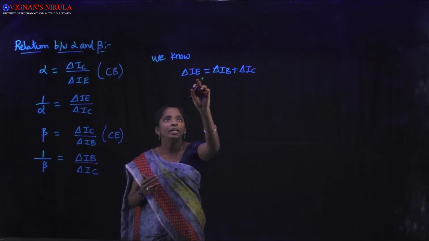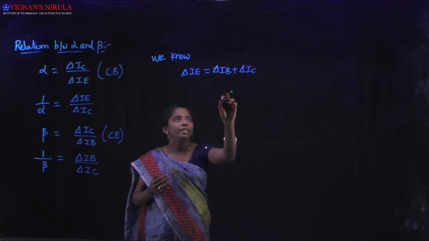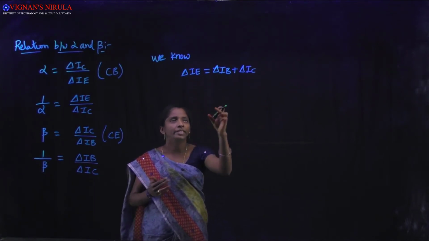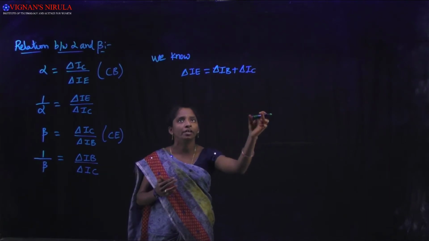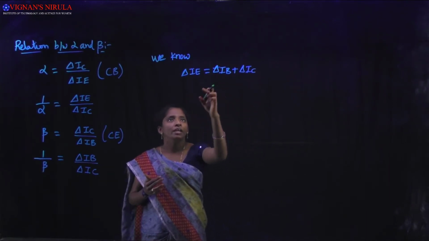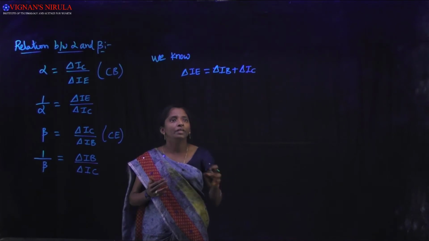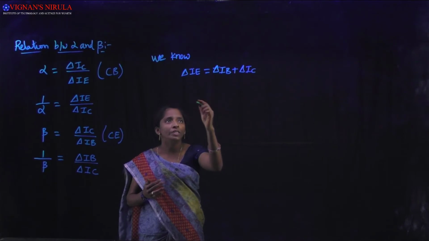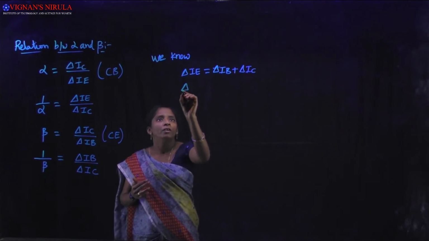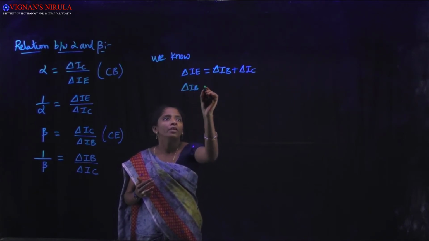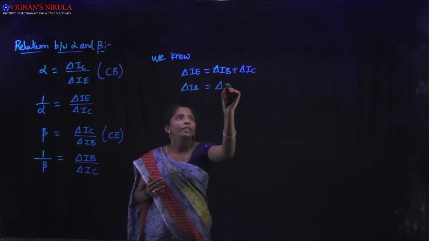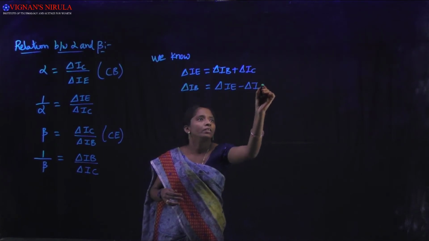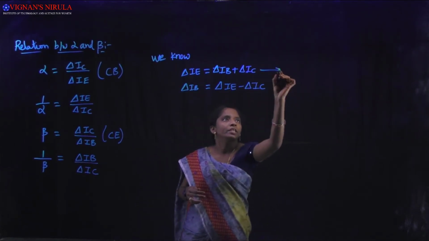The emitter current IE is equal to the base current plus the collector current, since the current entering the transistor equals the current leaving it. From this equation we can also write delta IB equal to delta IE minus delta IC. Note it as equation 1.